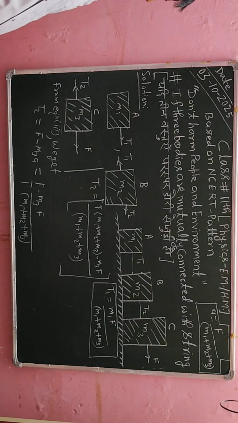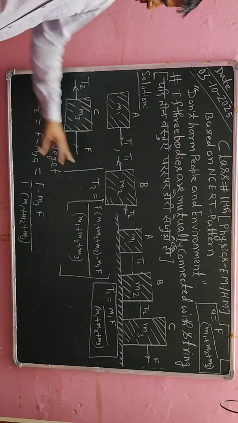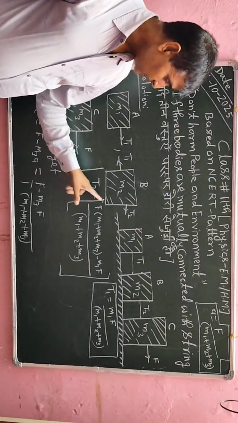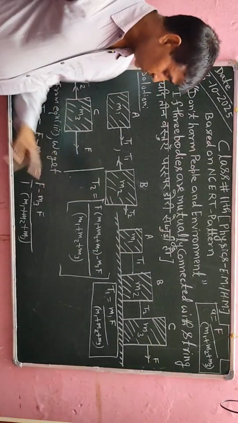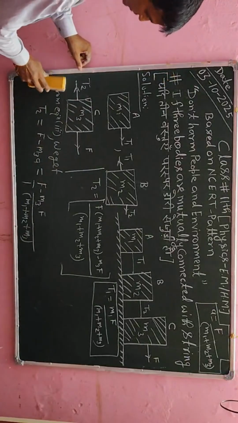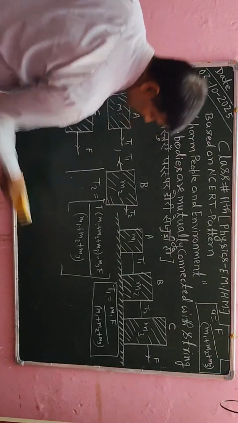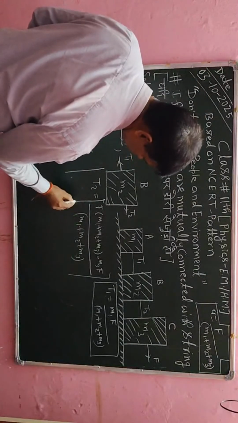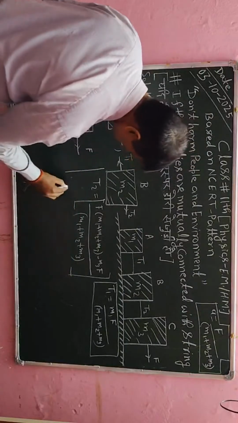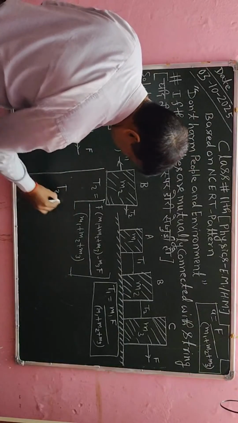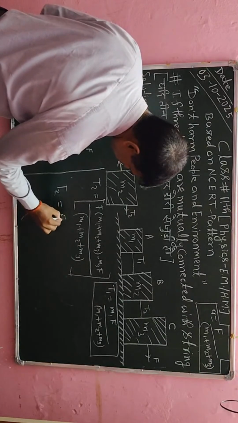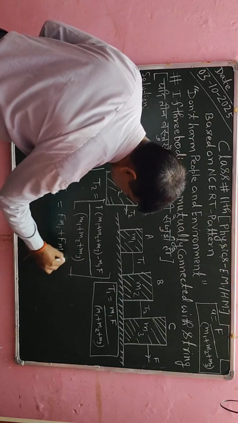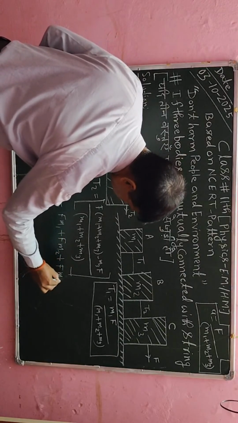Okay students, now further I will erase the data below, and after erasing I will simplify this term, and after simplifying we will get the value of T2. Okay, that is the requirement. So first of all I will erase here, and after erasing its simplification will be like this. T2 is equal to, I have to write FM1 plus FM2 plus FM3.